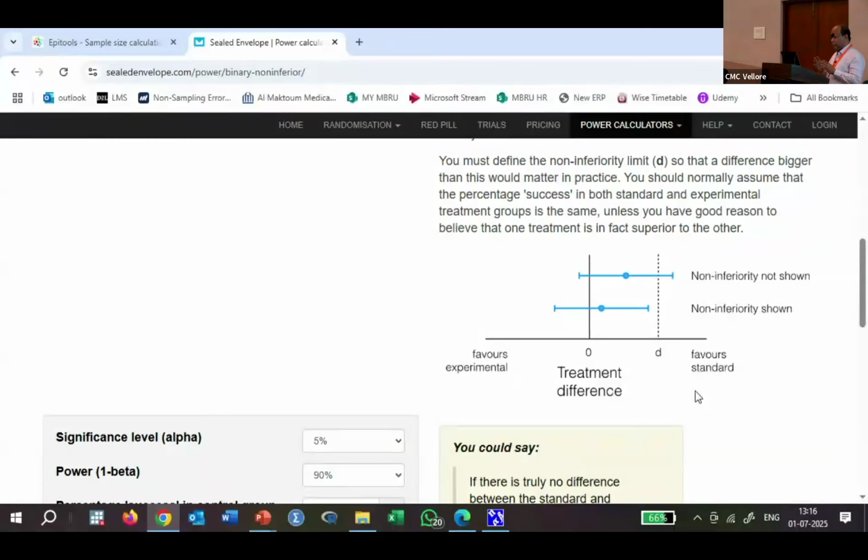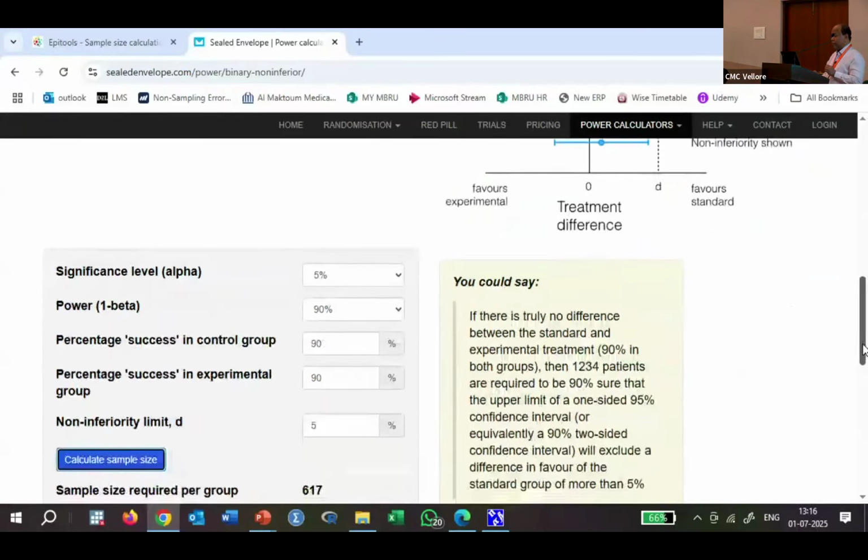So now let's take the same example. I'll just go back. Supposing 92% in the control group, that is your subcutaneous arm, and here, let's say 90%.